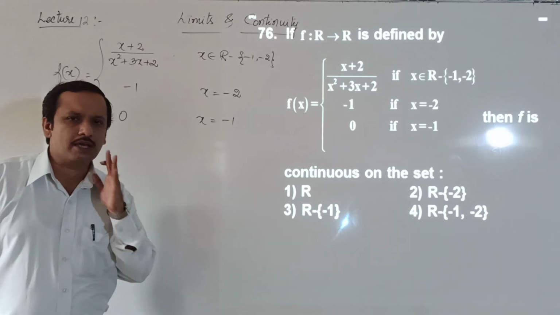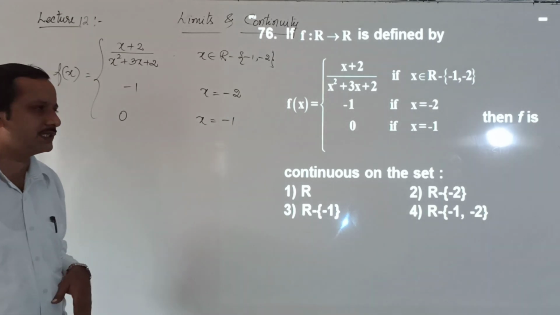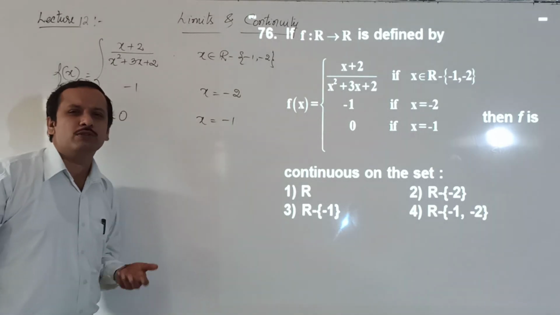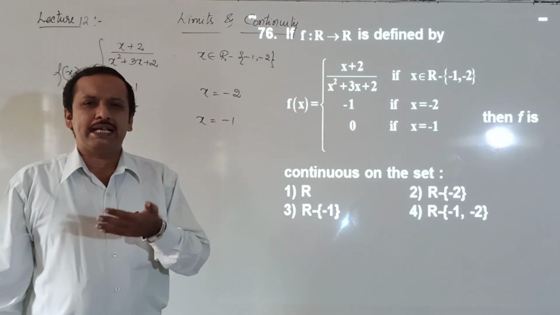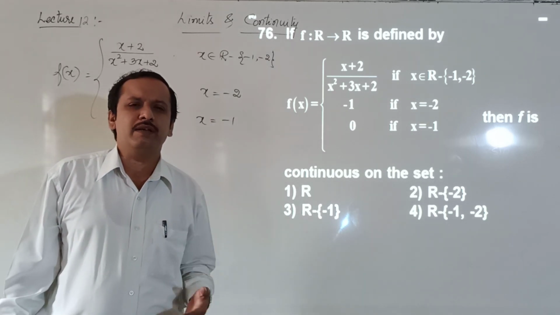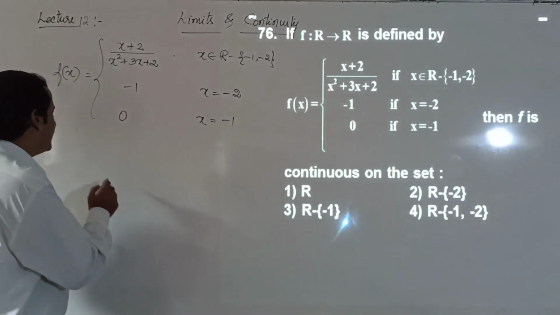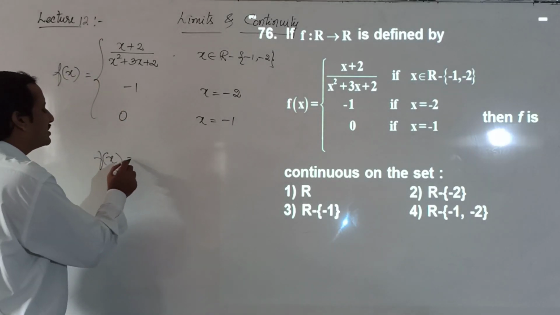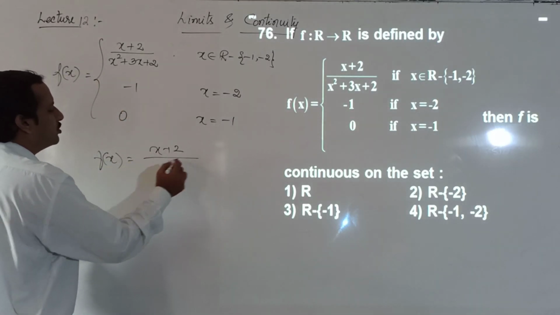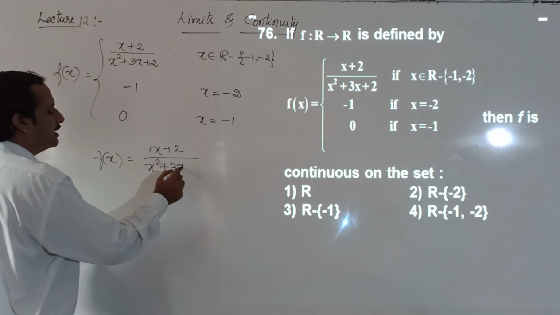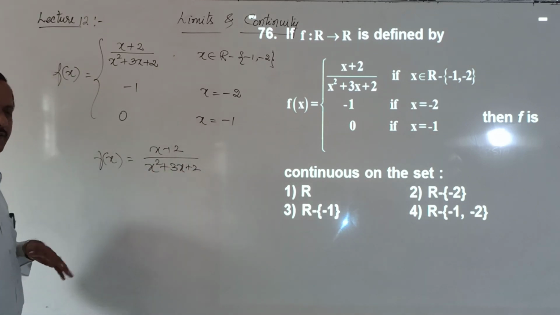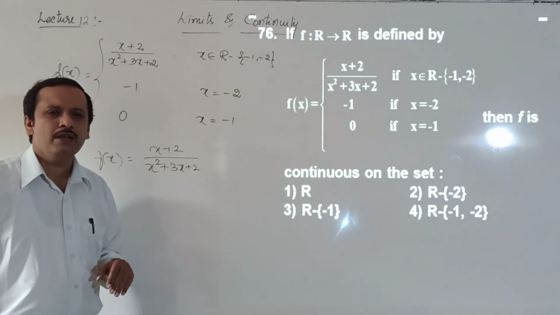That's what we have to check. Everywhere else it is obviously continuous. First, understand how this function is defined. Except at minus 1 and except at minus 2, everywhere else the function is defined as f of x equal to (x + 2) divided by (x square + 3x + 2).